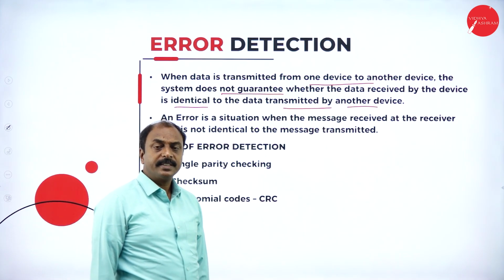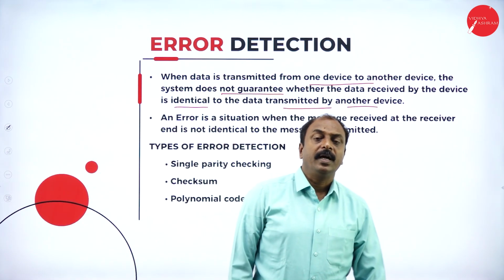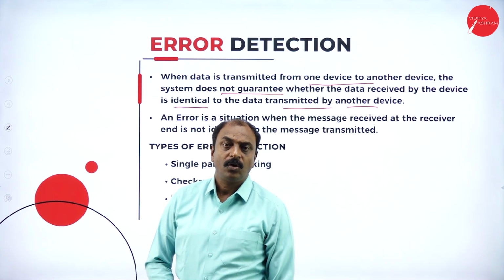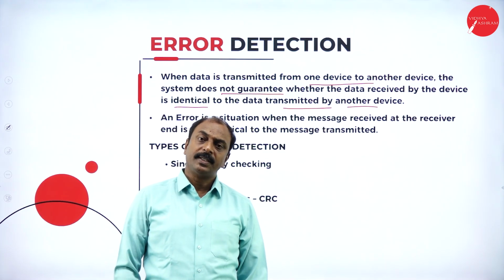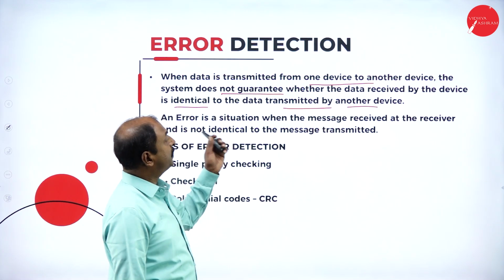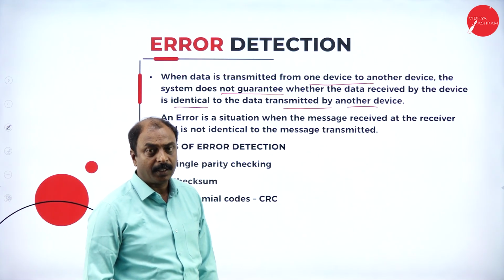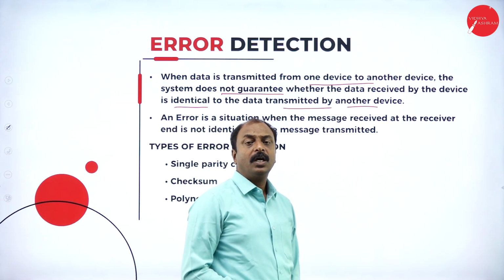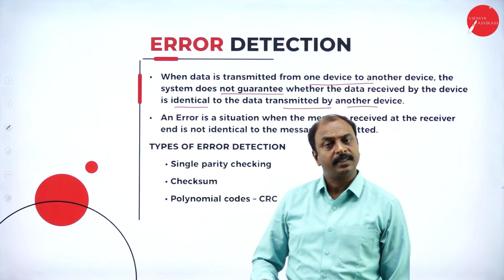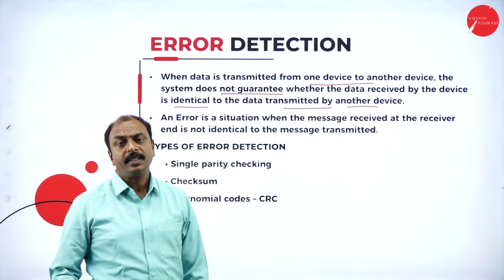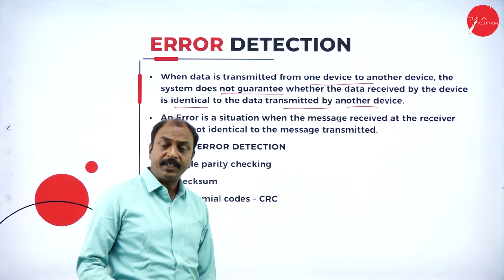The sender sends the message from his system, and the receiver has to receive the same data that the sender has sent. If the receiver receives identical data in the same format as the sender sent it, then we can say there are no errors during data transmission in the network.